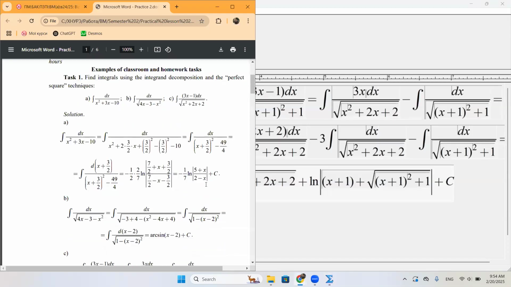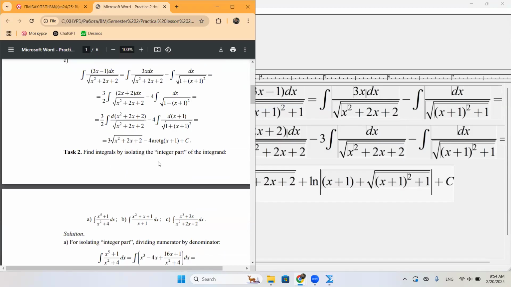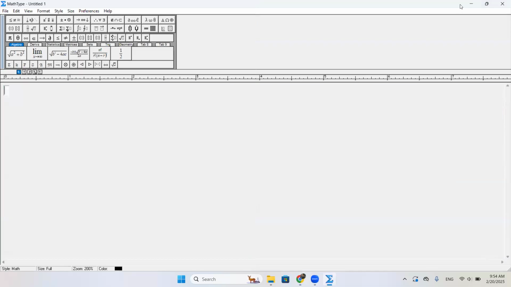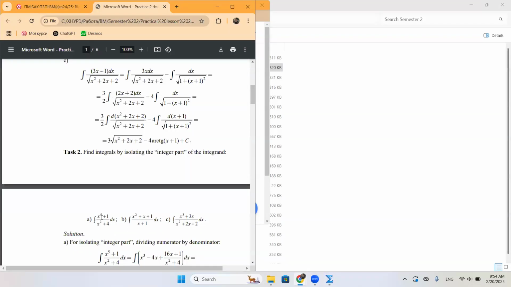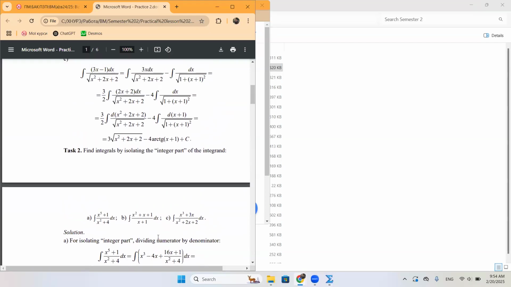So we will try another approach. We will find integrals by isolating the integer part of the integrand. What does it mean? We have some fractions for which the power of the numerator is greater than the power of the denominator.